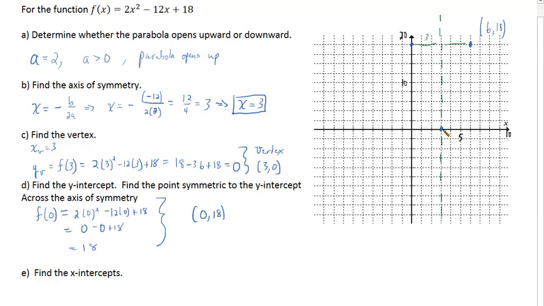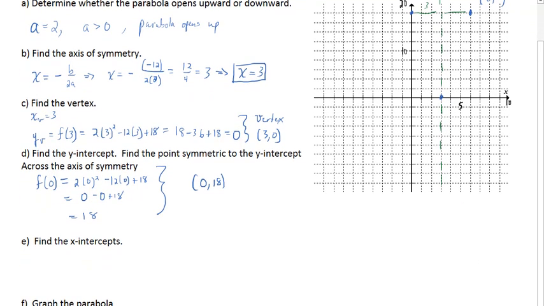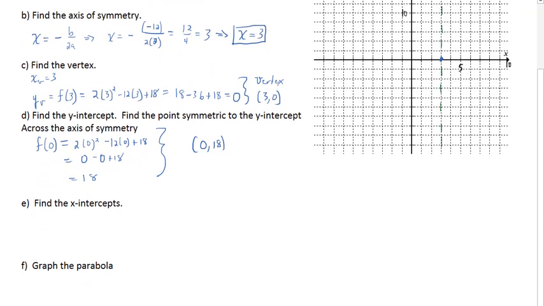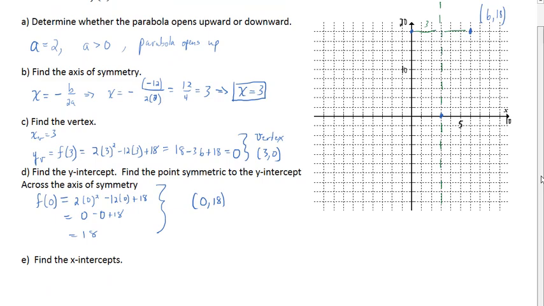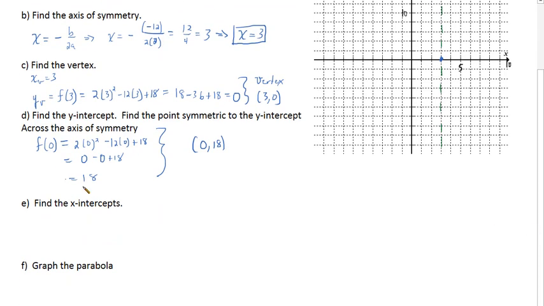That must be the only x-intercept. Let's verify that by applying the quadratic formula to the function 2x squared minus 12x plus 18. So let's set the 2x squared minus 12x plus 18 equal to 0, and let's apply the quadratic formula.